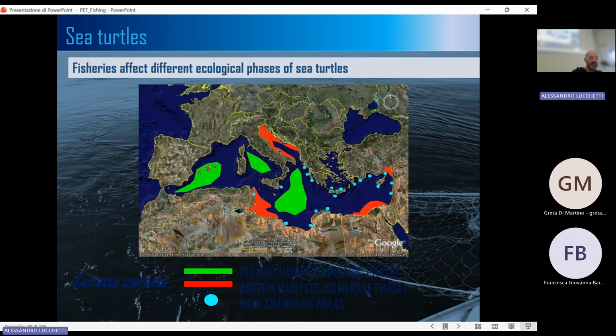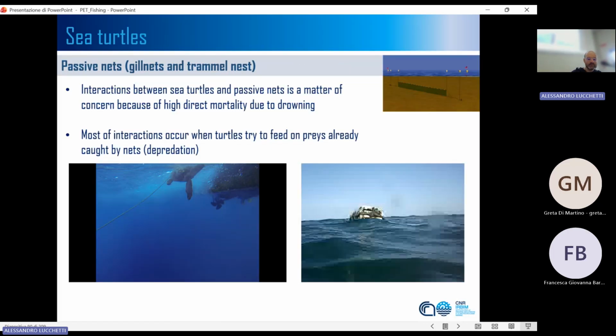In the green one, the main problem will be with pelagic longlines. The green areas are quite important for the catch of bluefin tuna, swordfish, etc. That's why the bycatch with longline mostly happens in these areas.